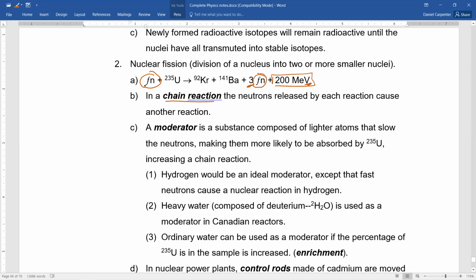A chain reaction starts with a free neutron, produces more free neutrons that then can go back to another uranium to make 3 more. So as you can tell, 1, 3, 9, 27, et cetera, and this could get out of hand in a big hurry, and that is exactly what happens in nuclear bombs. And we hope like crazy that we can avoid nuclear bombs.